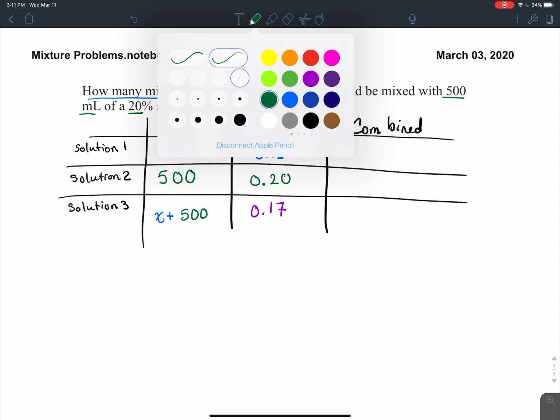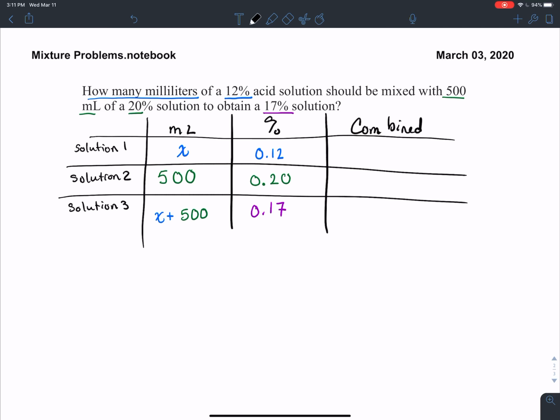So if I look at this combined, when I multiply straight across, I'm going to have 0.12 times X. When I multiply 500 with that 0.2, they're both just numbers. So I end up with the number 100. And then for this solution 3, I need to be careful. I need to make sure I do that percent 0.17 times everything.